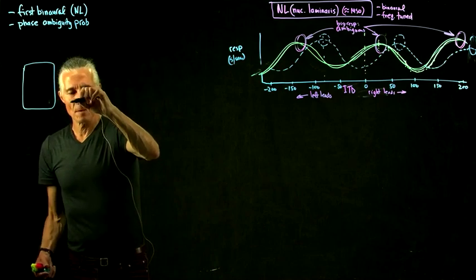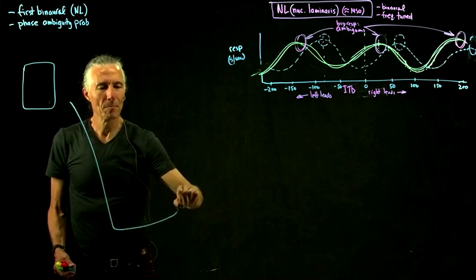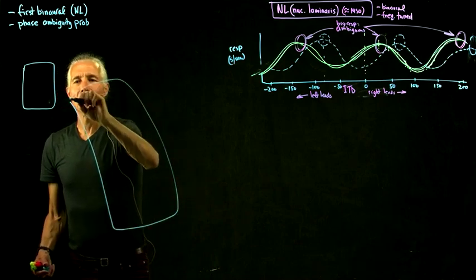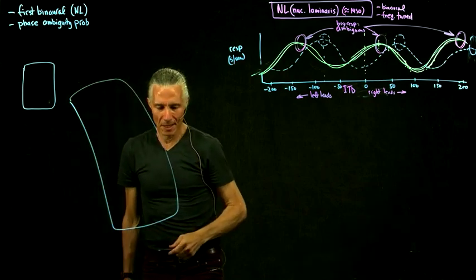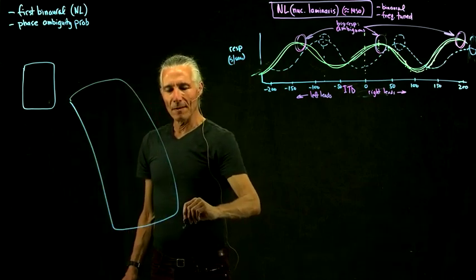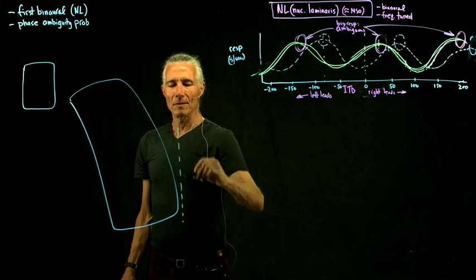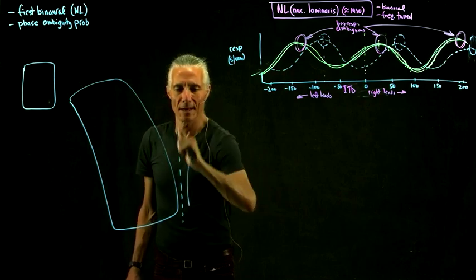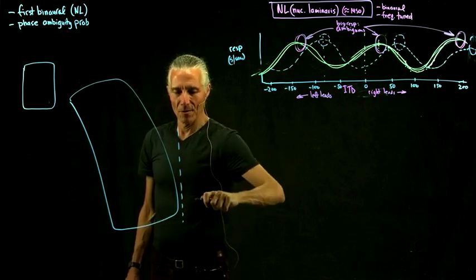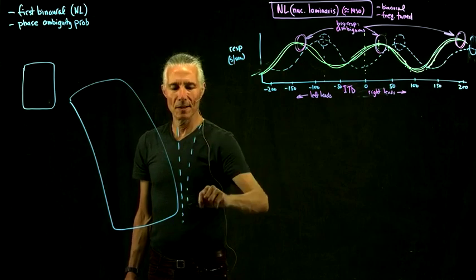And then here's a nice big nucleus laminaris. And then here's the midline. So there's another nucleus laminaris on this side, which we're not paying attention to. So here's another one over here.